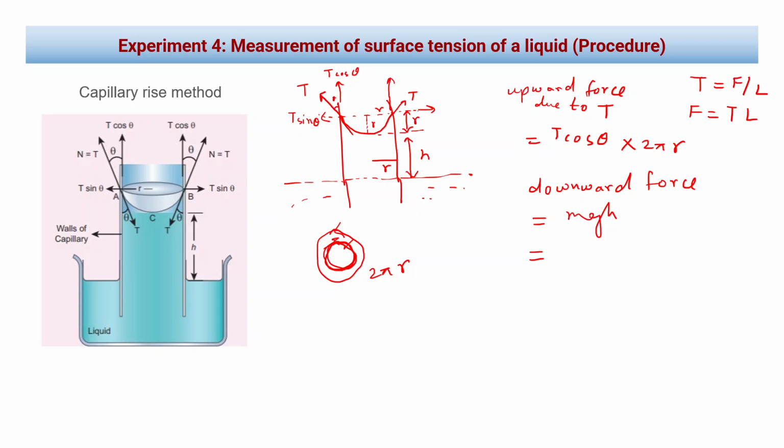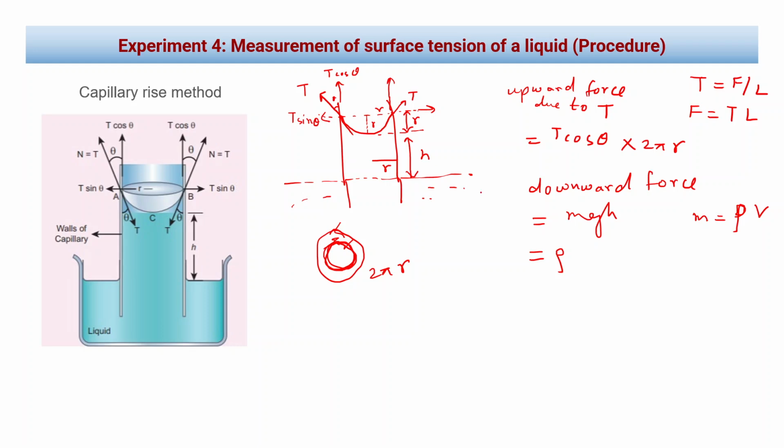And how to know the mass? Mass we'll write in terms of density of the liquid and the volume, because we know mass is density times volume. Density we usually denote by rho, so let's say density of this liquid is rho, then we are left with volume.